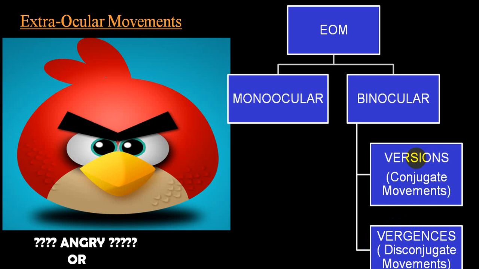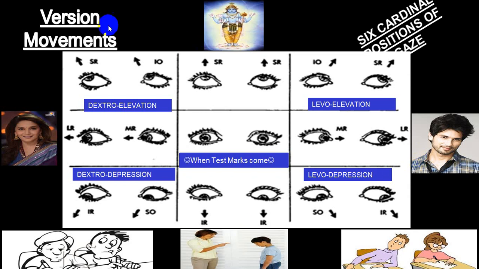So it is called dextroversion, levoversion, etc. So a combination of the movement: dextroversion with elevation, dextroversion with depression. This is levo, so you are looking to the left side. So levoversion with elevation, levoversion with depression. And this is pure elevation, pure depression. So these are all the different movements you can have.